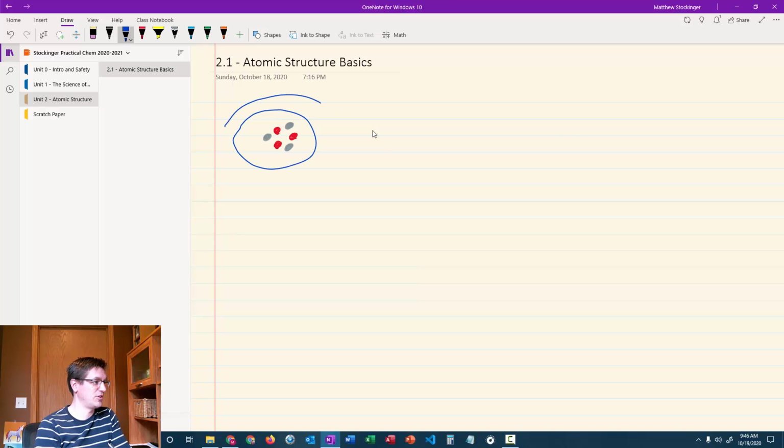I am terrible at drawing circles with these things, so maybe you can do better. First 2 electrons should be on that first ring. And the 3rd electron needs to go on to that 2nd ring. We'll talk more about that later. But for now, let's just put labels on these things. These are electrons.